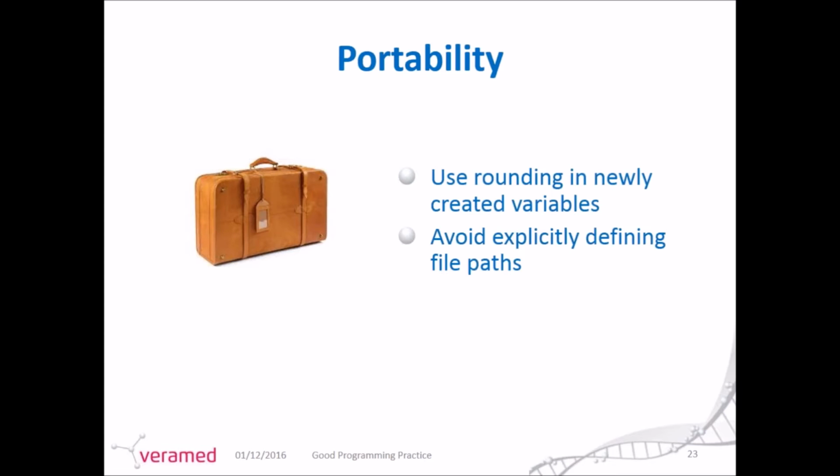We might give careful consideration when we're doing this and round at the limit of precision so it doesn't affect results. And the second one mentions explicitly defining file paths, like in your libname and filename and %include statements, and so anything that is requiring platform specific syntax such as the forward or backslash.